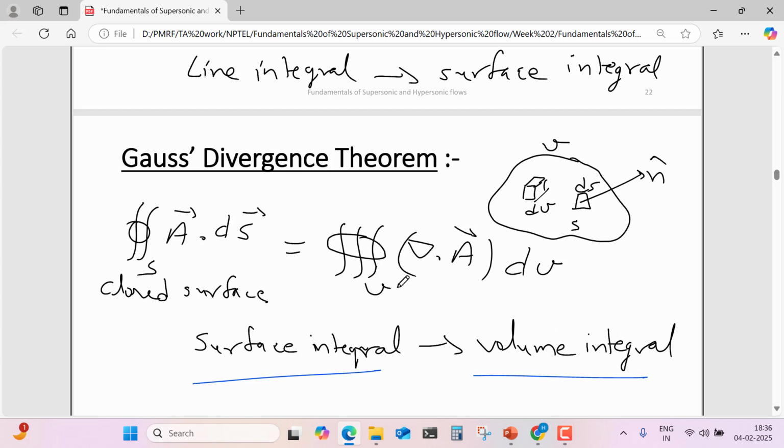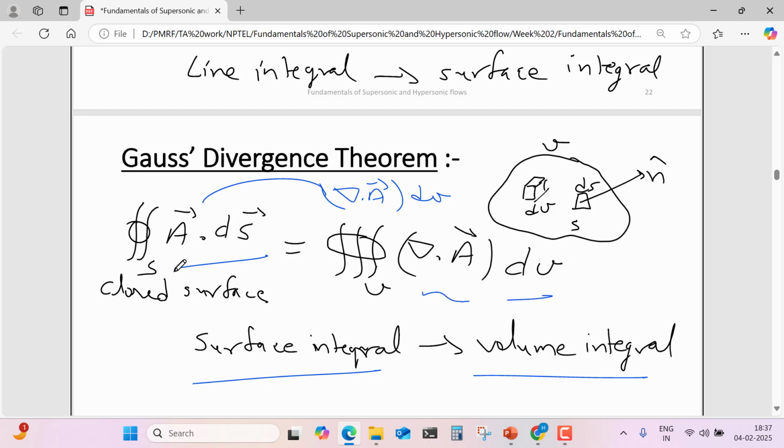So let's say there is one closed surface which makes a volume V, and if we take an infinitely small element whose volume is dV and one surface whose area is dS, then for any vector quantity A vector, the surface integral is given by double integral A vector dot dS, and it can be written in the volume integral if we take the divergence of this vector, del dot A dV.